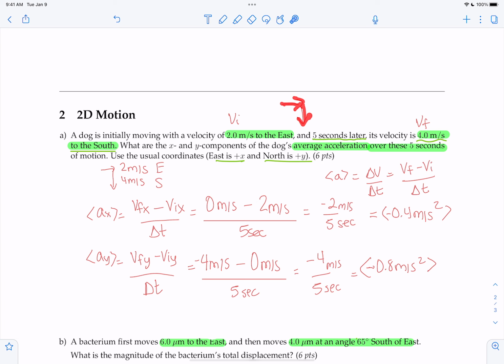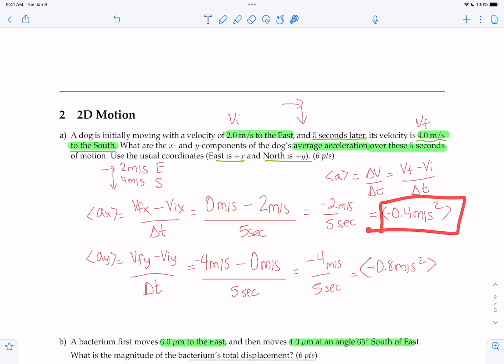I'm going to have some kind of acceleration opposing that direction to slow me down, because I don't want to continue moving in the east direction. I have to have something that's going to completely slow me down from moving east to basically help me transition to move only in the south direction.